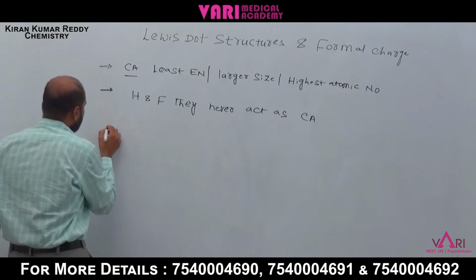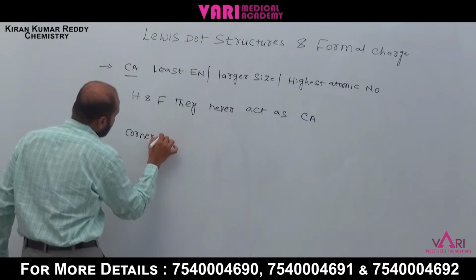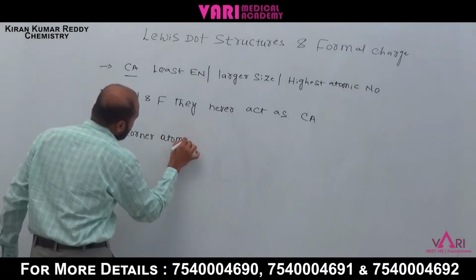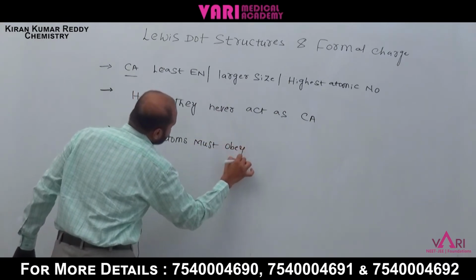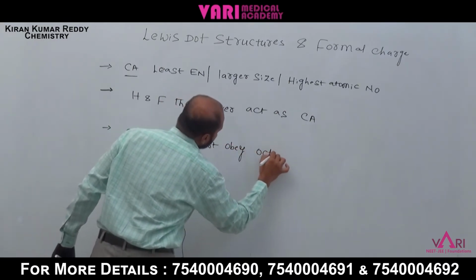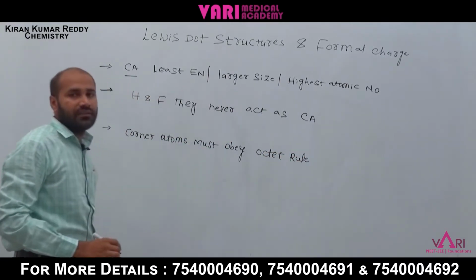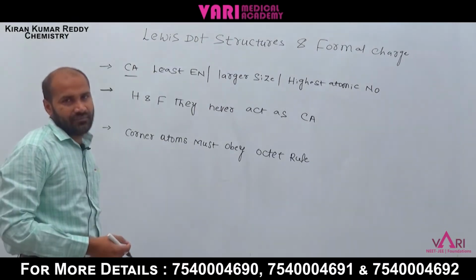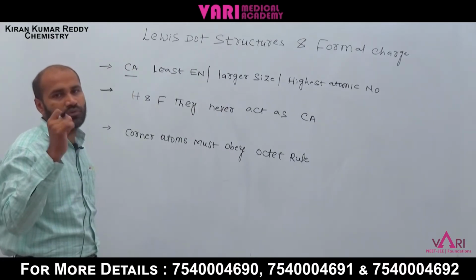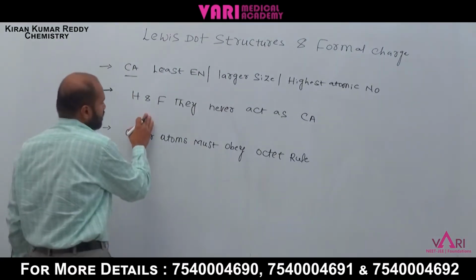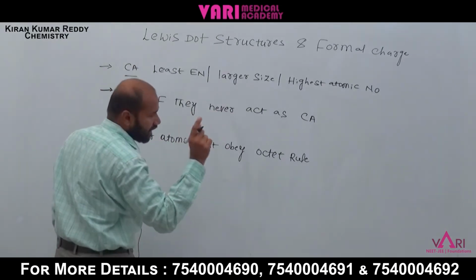Next one is corner atoms must obey the octet rule. Means corner atoms must satisfy the octet. Every corner atom must contain 8 electrons in the outermost energy level. Hydrogen and fluorine never act as central atom, and corner atoms must obey the octet rule.